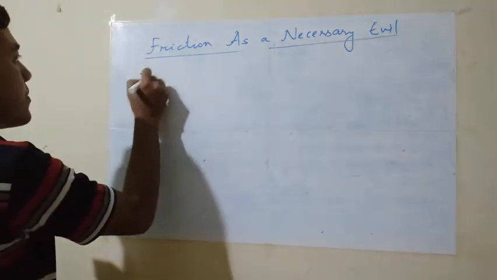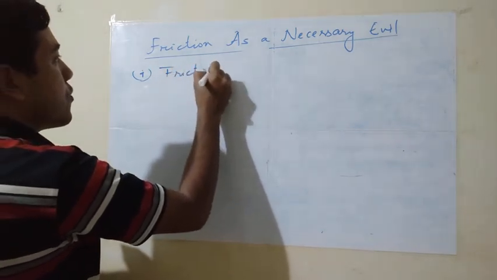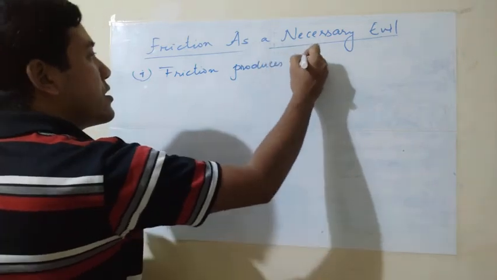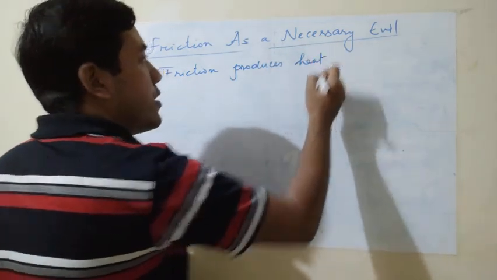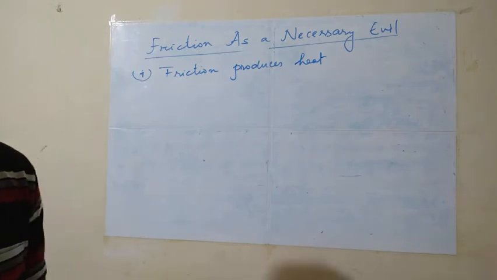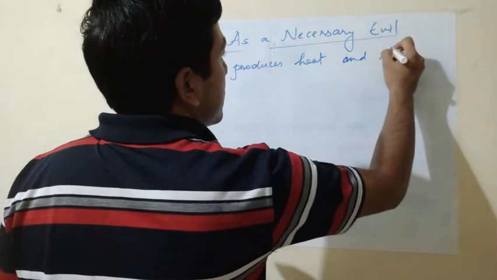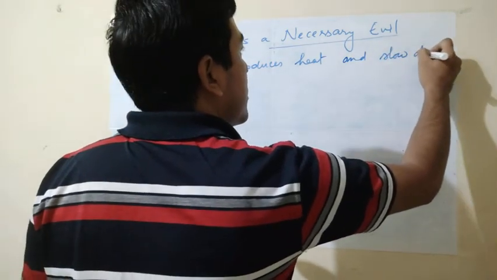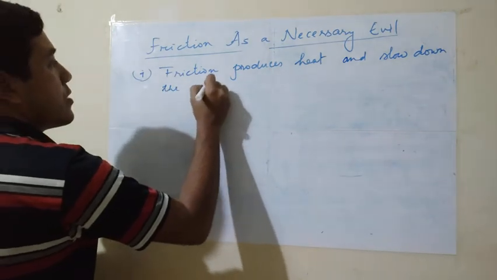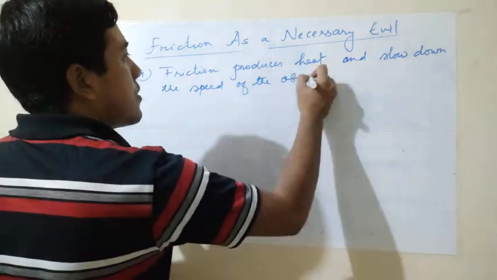Number one, friction produces heat and slows down the speed of the object.